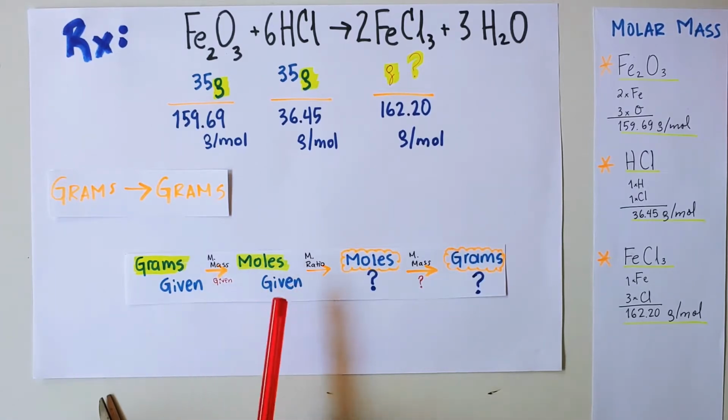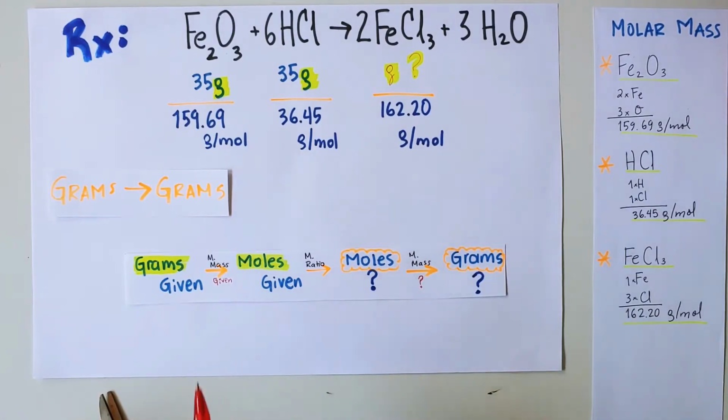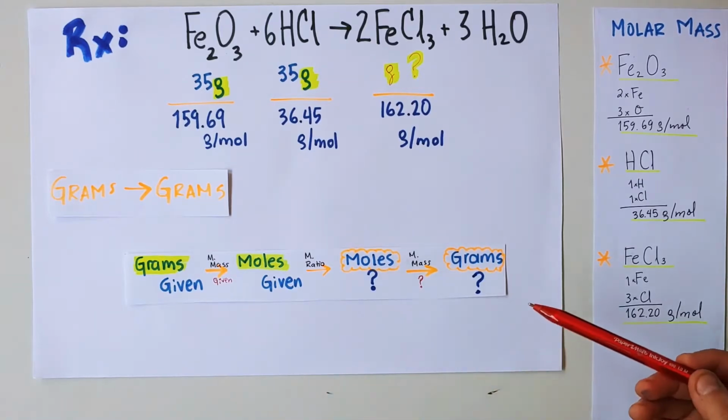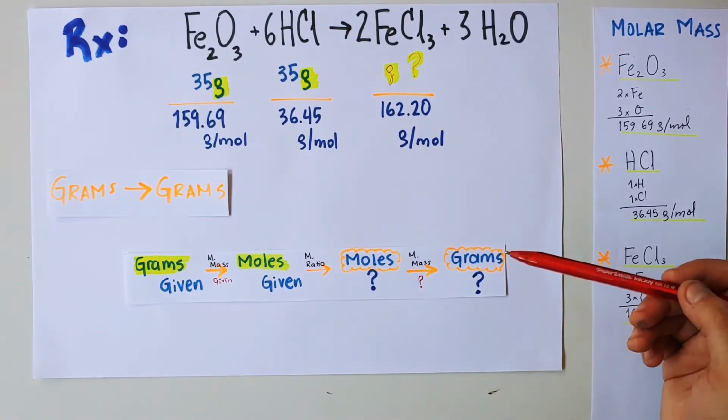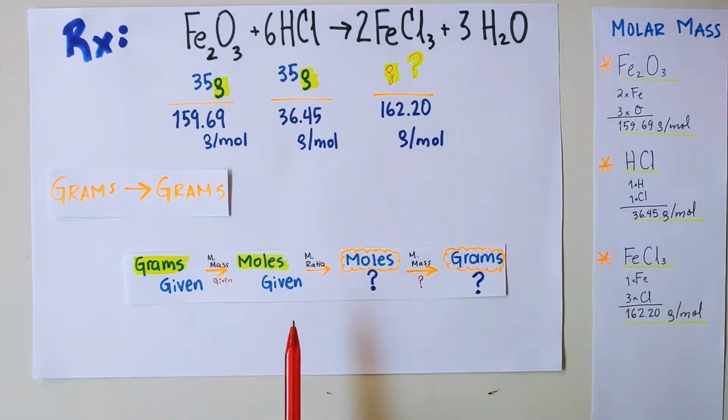To make this procedure, you will need your molar mass of your given. Then, from moles given to moles unknown, you're going to be using the mole ratio. And then, from moles unknown to grams unknown, you're going to be needing the molar mass of the unknown. So this is the path that you are going to follow for this exercise.